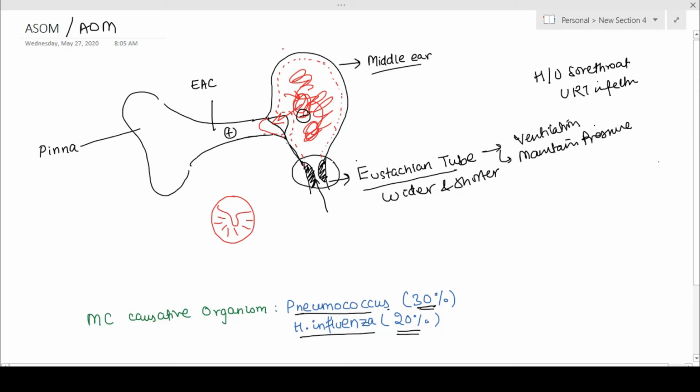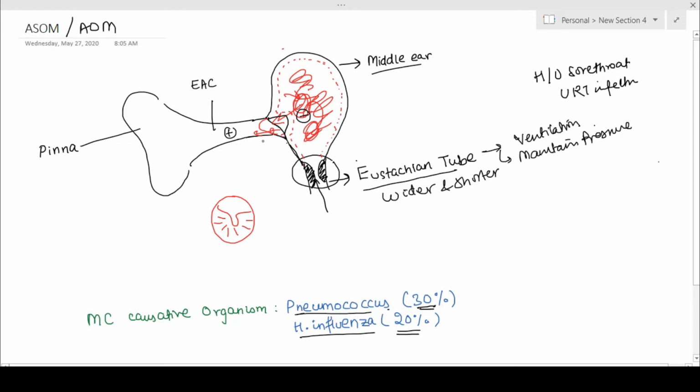This stage is known as the stage of suppuration, and after this there is a perforation in the tympanic membrane and the pus comes out, and with the pus coming out all the symptoms subside and there is the stage of resolution. The patient feels relieved with the perforation in the tympanic membrane.